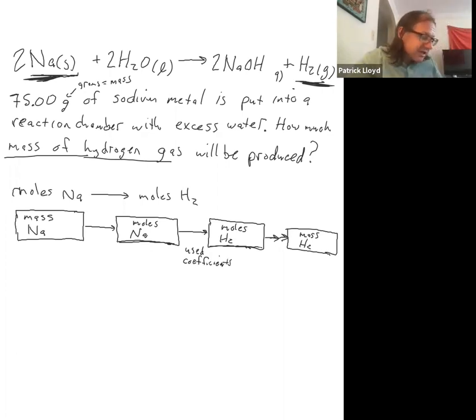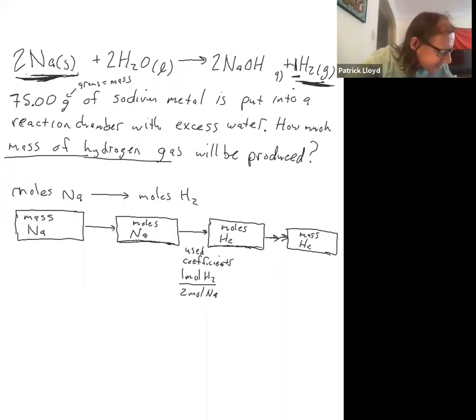So for this particular example, I'm going to write it this way: 1 mole of H2 for every 2 moles of Na. We said, hey, there's the coefficient 1, there's the coefficient 2. We multiplied the moles of the first substance by that 1/2 to get the moles of the second substance. So that's what we did earlier.